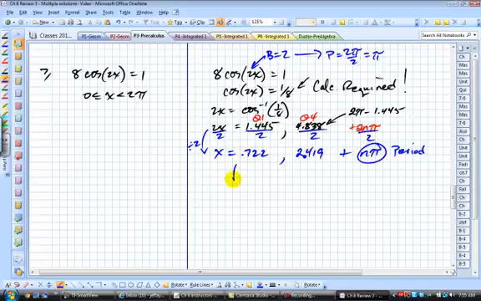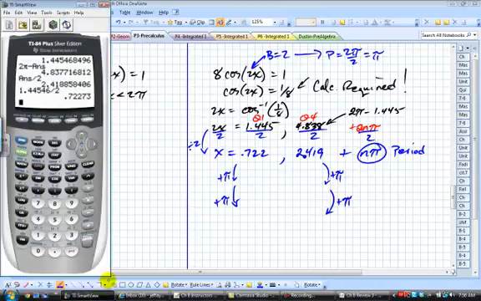And then I have to add pi to them to get more. Add pi here, add pi here again. You're going to add pi multiple times to get your solutions. So let's do that. I'm right here, so just add pi, and then add pi again. Okay, I'm bigger than 6.28 here, so that means I'm bigger than 2 pi.